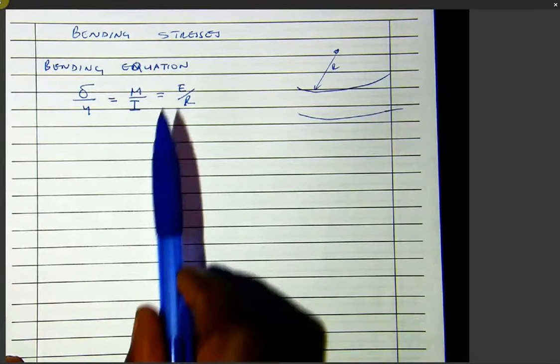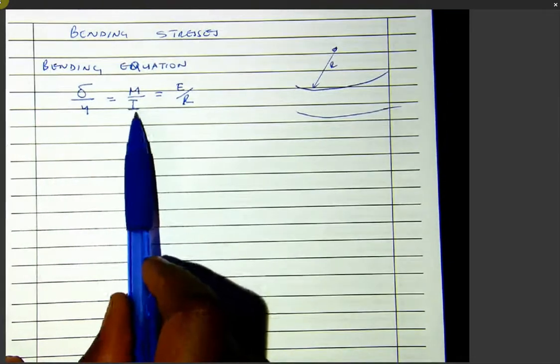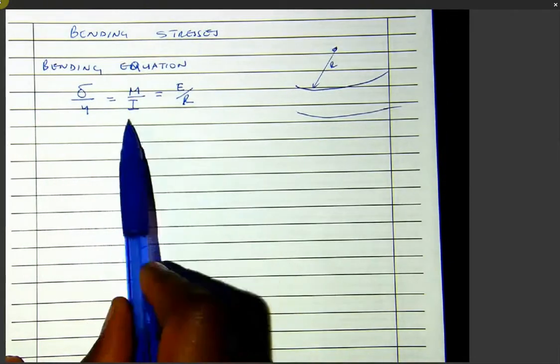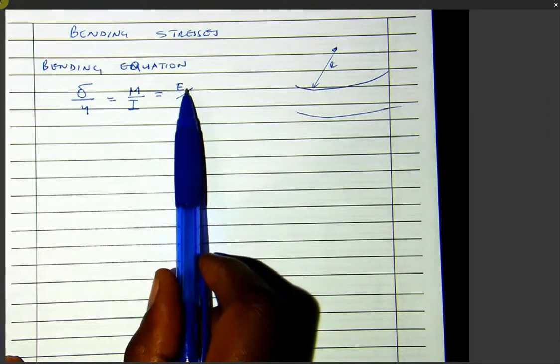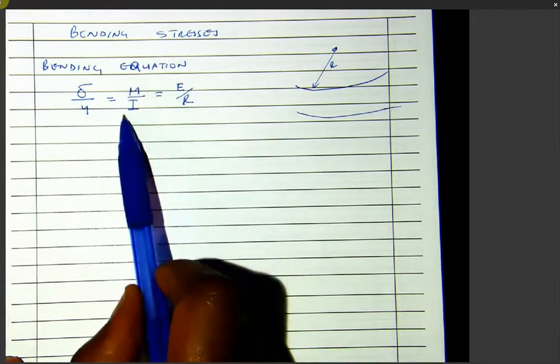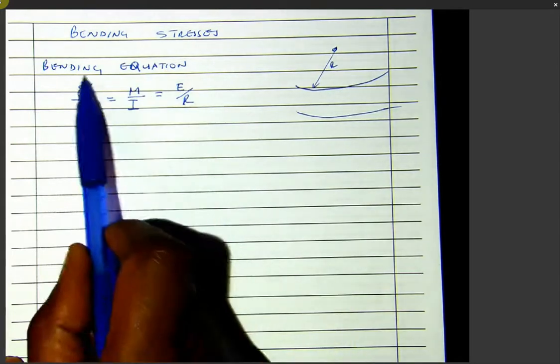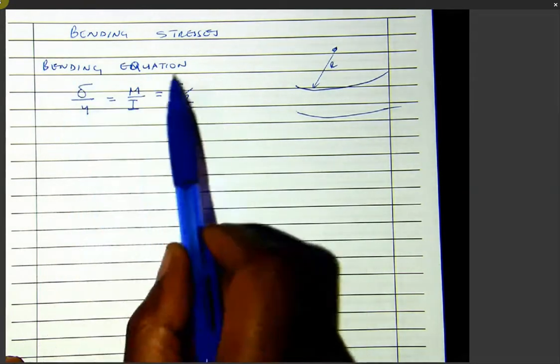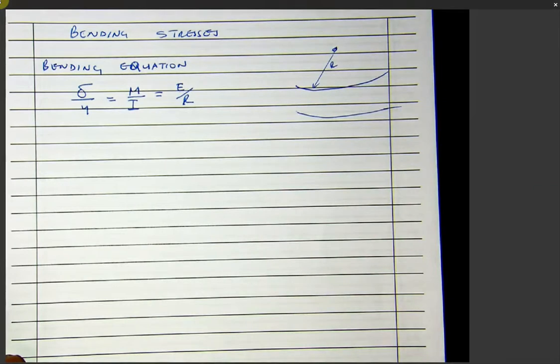Or if you know that and these ones, for some reason you want to calculate E, or you want to calculate the radius of curvature, you can take the first two, or you can take the first and the last term of that equation. You don't take all three of them.